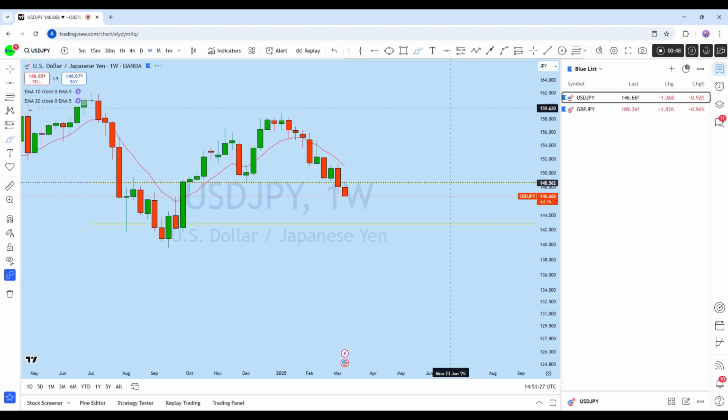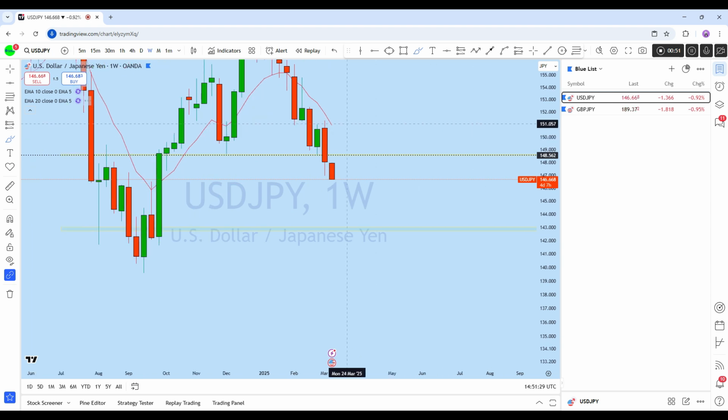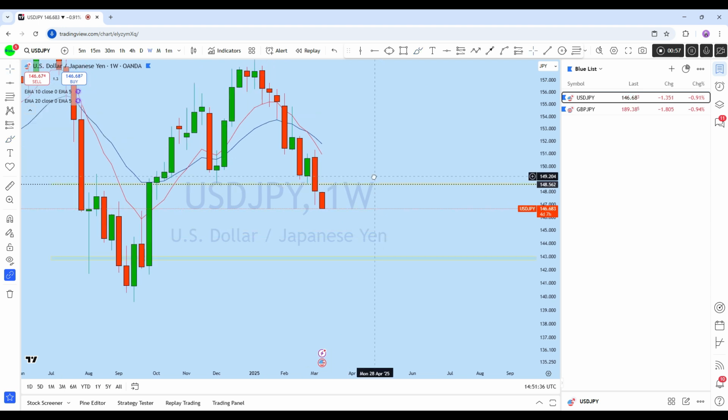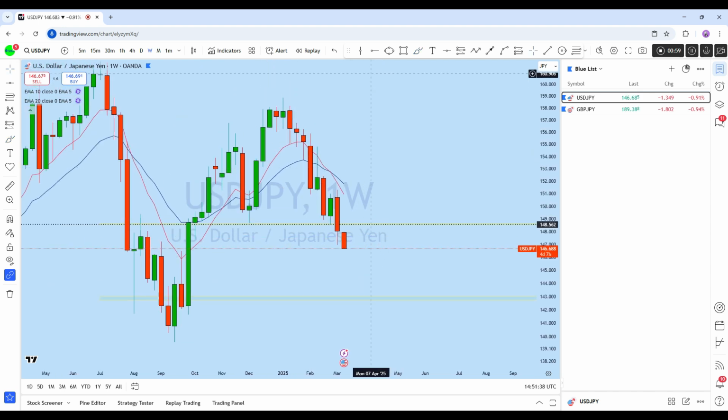If we look at the weekly perspective, we can see that the previous week's candle is a bearish engulfer, and that bearish engulfer has shown a very strong momentum here. We can see that with this weekly doji formation the price has broken below that support level, followed by a long wick rejection here, followed by another weekly bearish engulfer in that area.